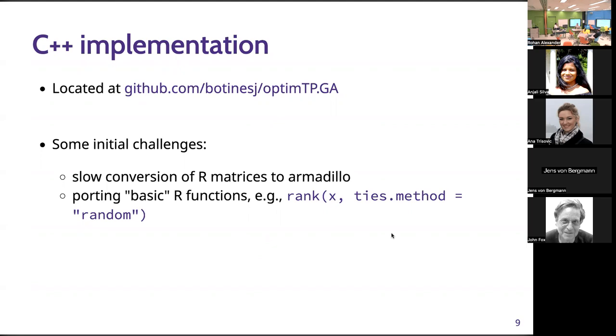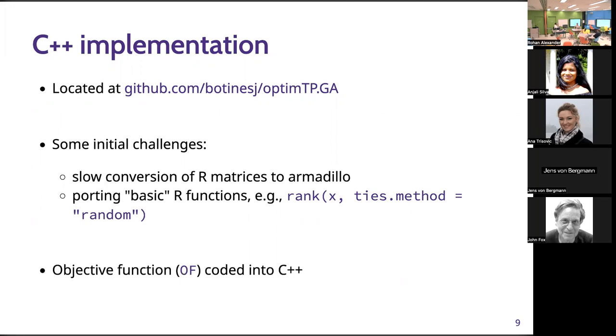Jordan spent quite a bit of time on Stack Overflow asking for help, and we were able to solve this, at least as a fair approximation of what the rank function does in R. I call it basic because even though we may use it all the time in R, it doesn't mean that the underlying code is simple, right?